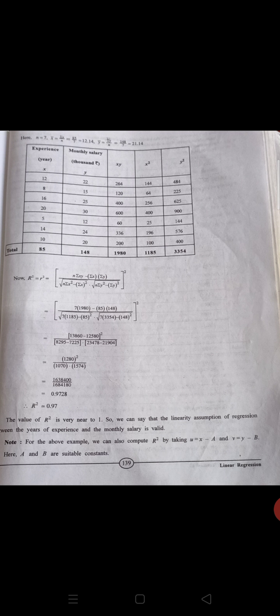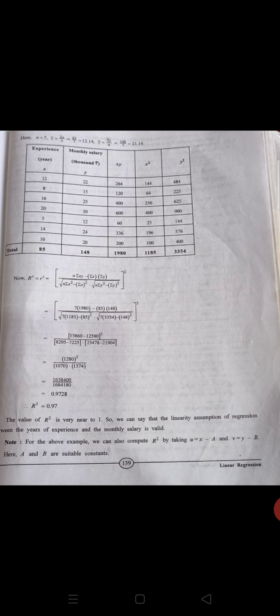So then we solve the equations. 1980 into 7 is 13860, minus 85 into 148, that is 12580, and whole square, because in the denominator the square and square root cancel, but in the numerator there is no change, so the square remains. Similarly, 7 into 1185 is 8295, minus square of 85, 7225; and 3354 into 7 is 23478, minus 148 square, 21904.